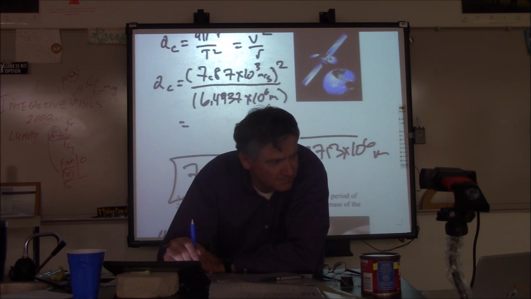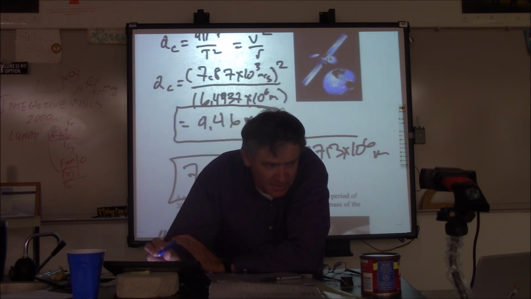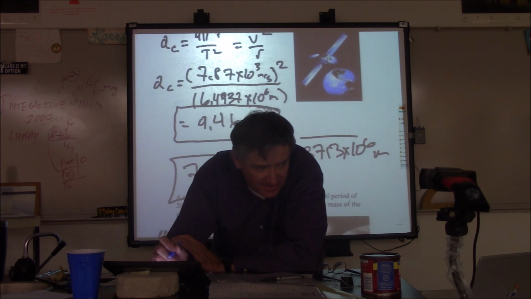Did somebody else do it? I got 9.46. 9.46? Yeah. That I can live with. Okay? Lauren, figure out what you're doing. There's no way that would be that big.